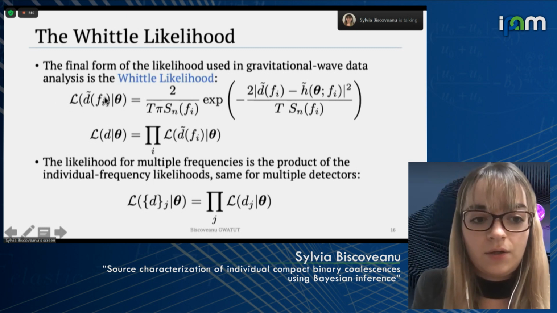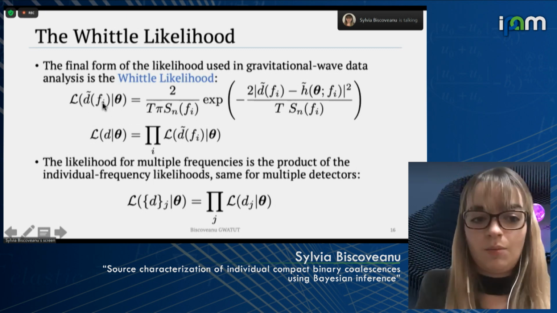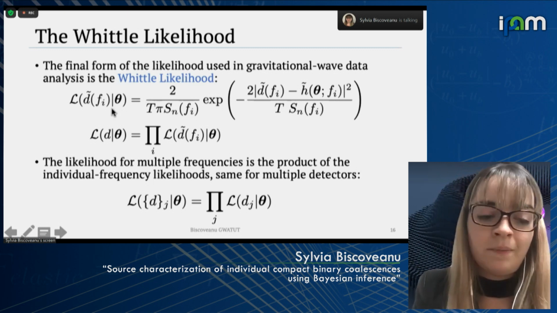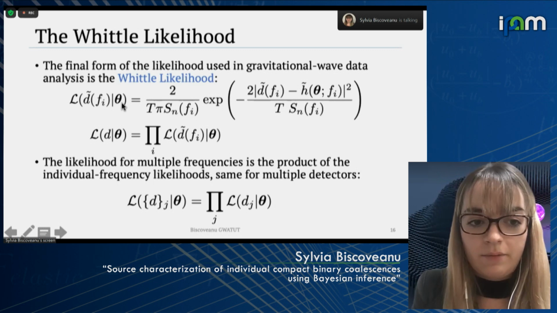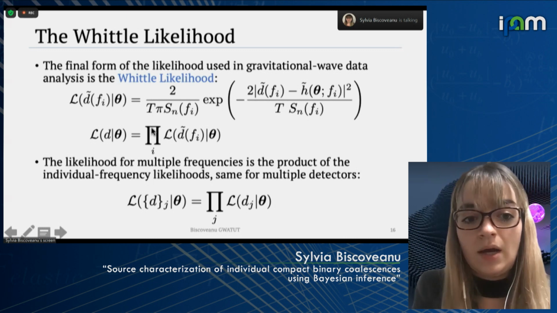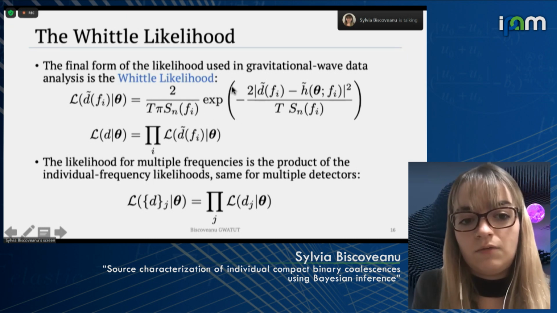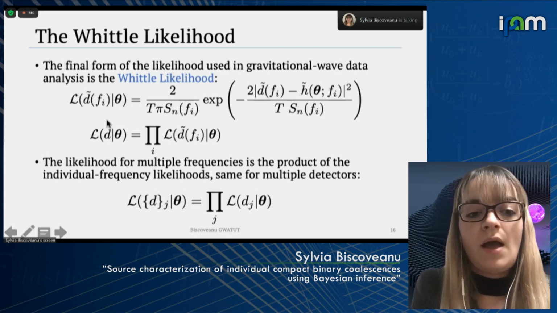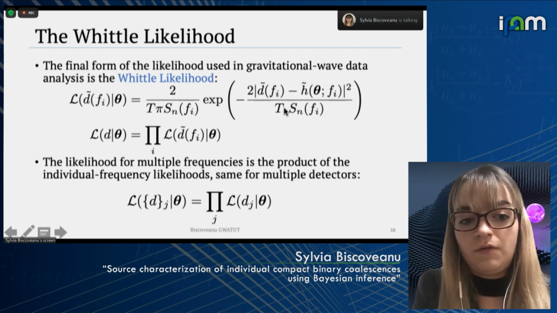So again, the likelihood of having observed the frequency domain data D in each frequency bin f_i, where i is an index for the frequency bin, which depends on our binary parameters theta, is equal to 2 divided by the segment duration times pi times the PSD, times e raised to the minus 2 times the residual, the data minus the waveform, squared, divided by the duration times the PSD. And this is the likelihood in each individual frequency bin.